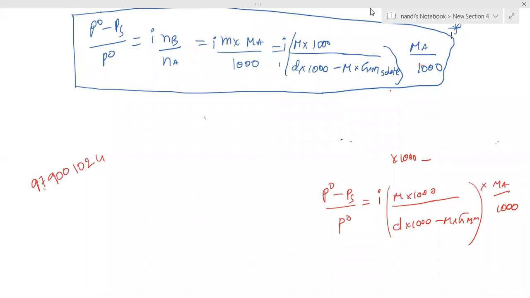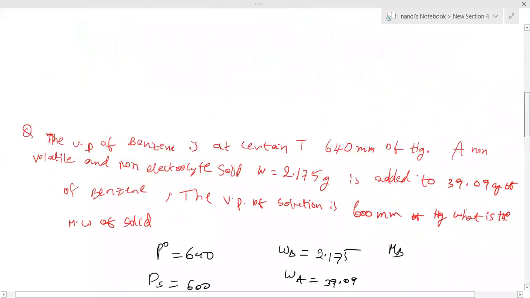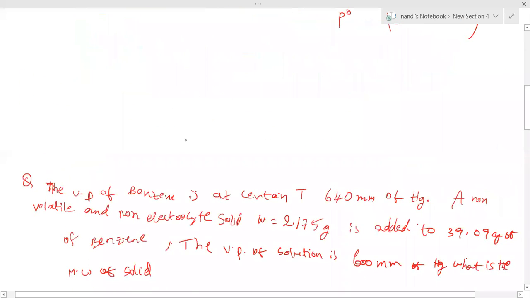Now we can see one problem. Please note this down. I will dictate the question. At least you can try 3 to 4 questions. I am reading this question.